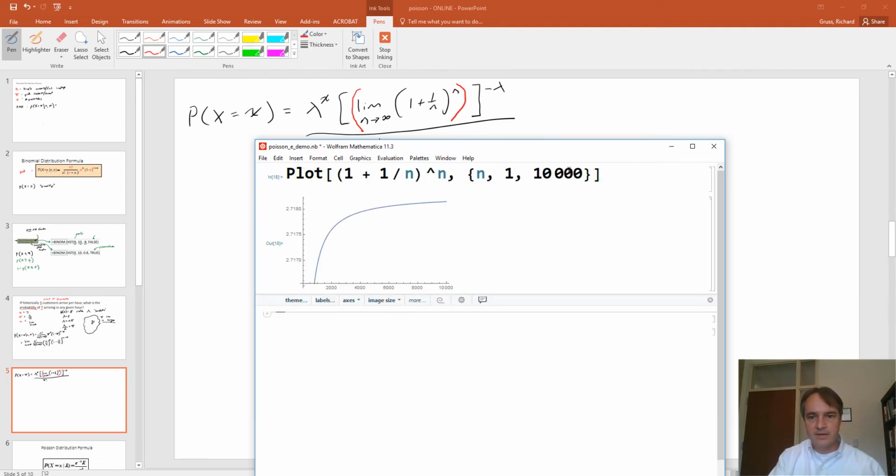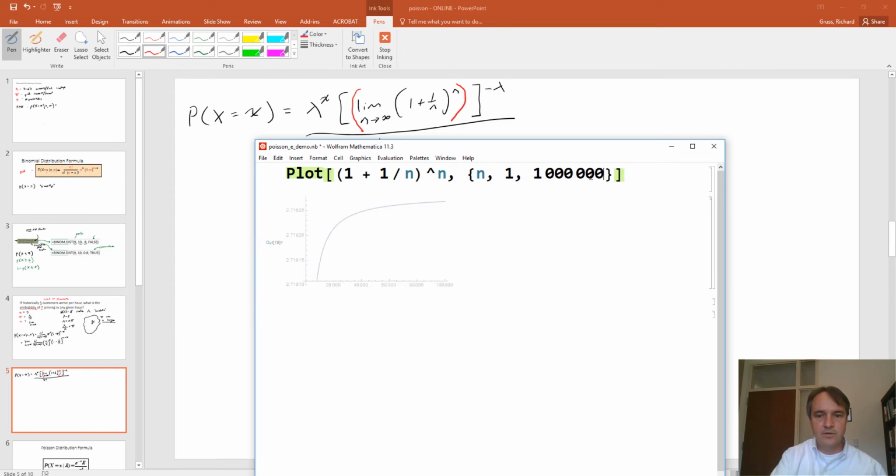We make it 10,000, and we see that it's getting very close to 2.718. Then we could take it up to 100,000, take it up to 1,000,000, and we see that it just keeps getting closer and closer to 2.718. Let's even go up to 10 million.